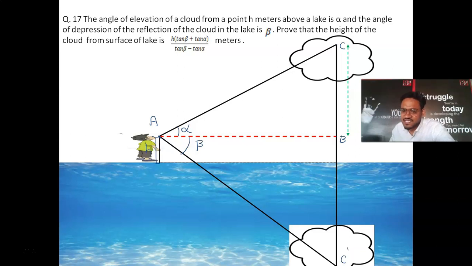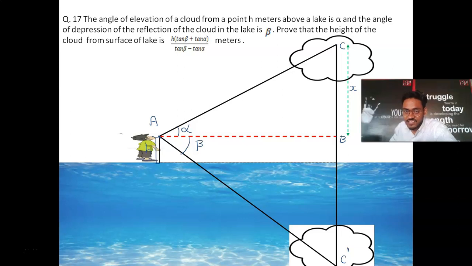Let me say this as C dash. C dash denotes the point inside the water, the point on the reflection of cloud. Clear students? Now let me assume this BC as x.